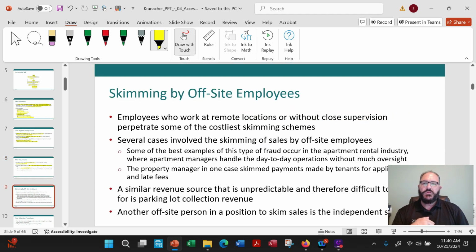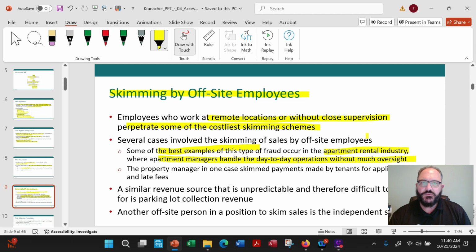What about skimming by off-site employees? Remote locations without close supervision. Why? The people are there, but nobody is supervising them. The best example of this type of fraud is the apartment rental industry. How do they know if the apartment's rented or not? Apartment managers handle the day-to-day operations without much oversight.